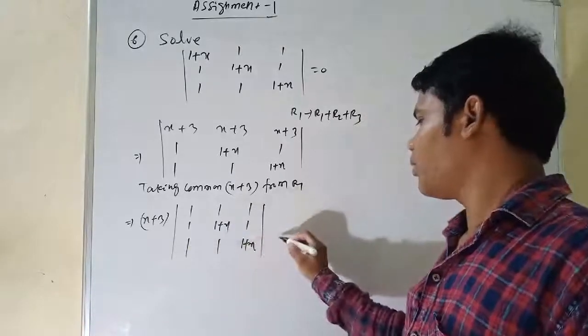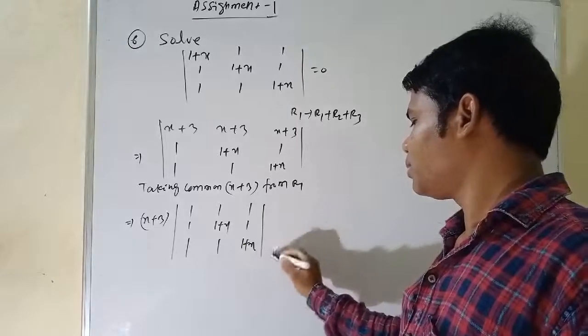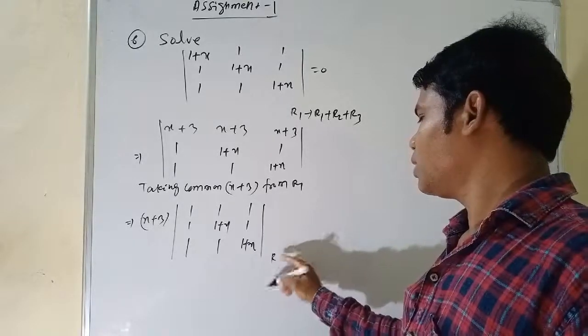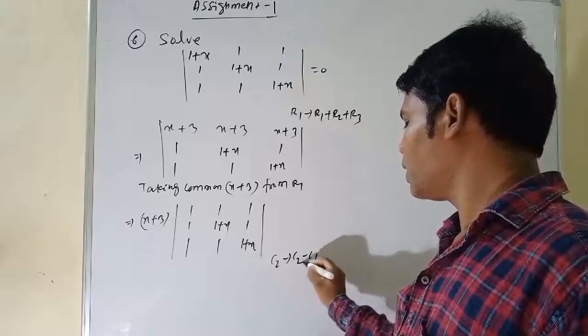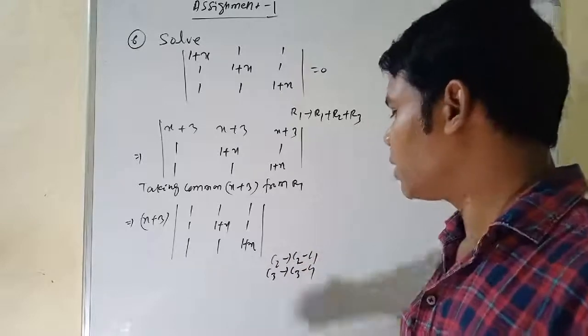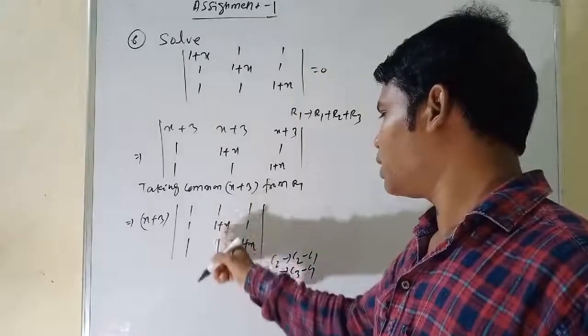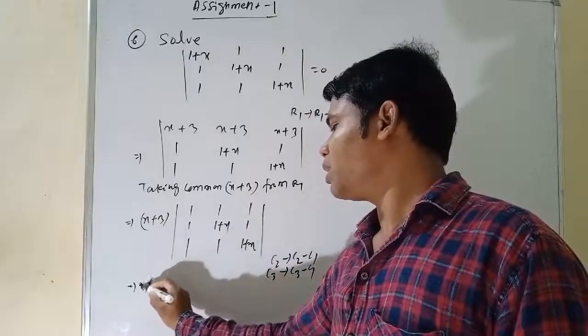Now you take C2 tends to C2 minus C1, C3 tends to C3 minus C1. That means C2 will change and C3 will change.